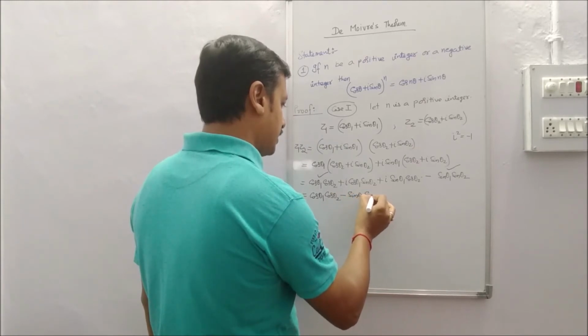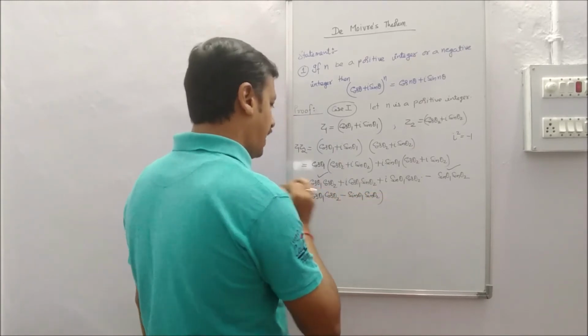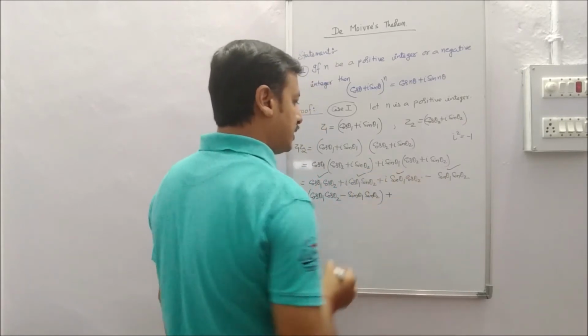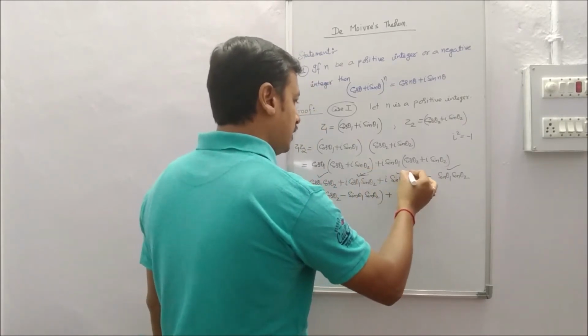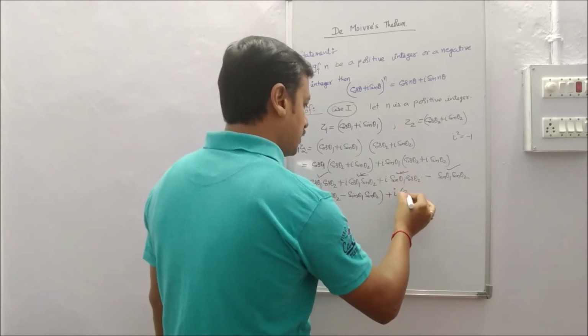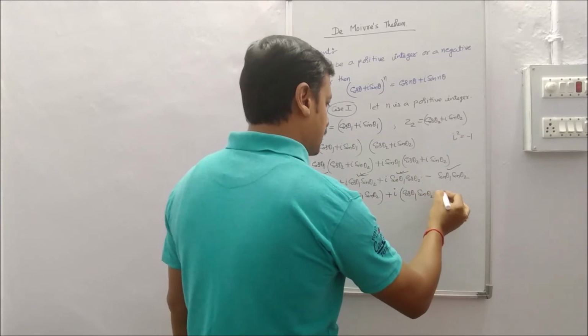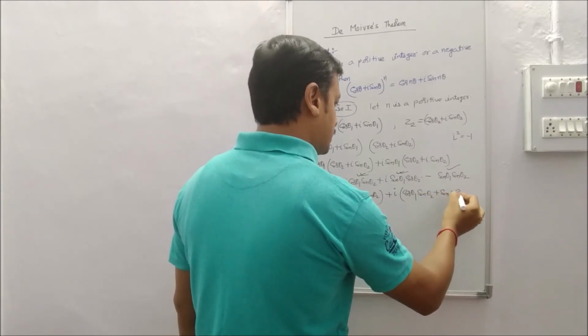Writing it in the same bracket and taking I common in the second and the third part, that is I times cos theta 1 sin theta 2 plus sin theta 1 cos theta 2.